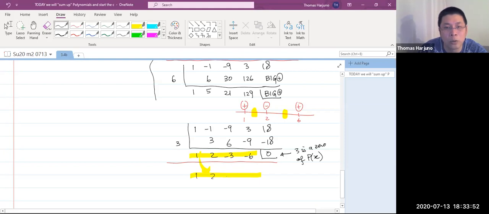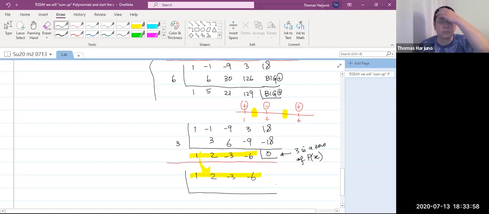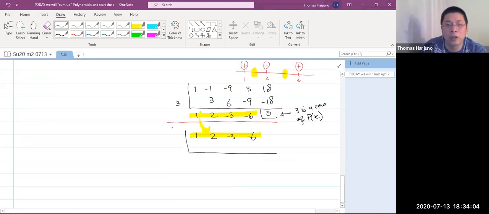1, negative 1, negative 3, negative 6. And then try, for example, do the guessing. You can try negative 1. When you try negative 1: 1, 1, 1, 4, that's negative 2.